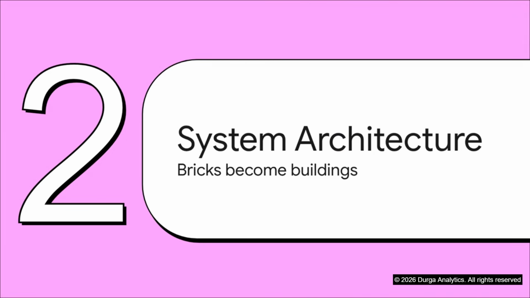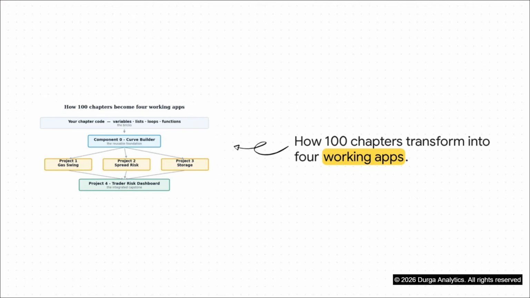Moving right along to Section 2, the big picture system architecture. Let's talk about how those individual bricks become actual buildings. And this brilliantly illustrates our whole engineering philosophy. At the very foundation, you have your individual chapter code, your loops, functions, and variables. Those are the bricks.